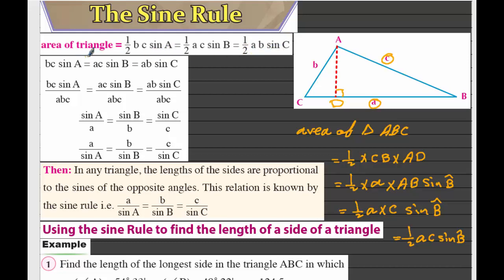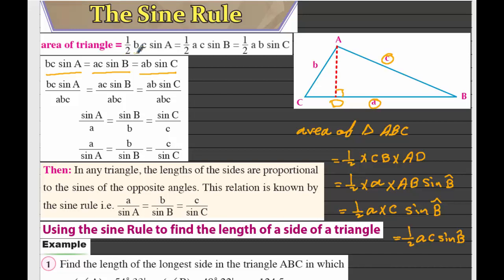So, the area of the triangle equals half BC sine A, which equals half AC sine B, which equals half AB sine C. And from that, we can deduce that BC sine A equals AC sine B equals AB sine C, multiplying the three terms by 2.